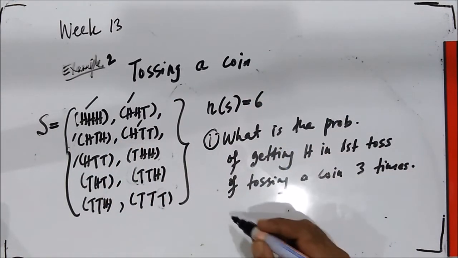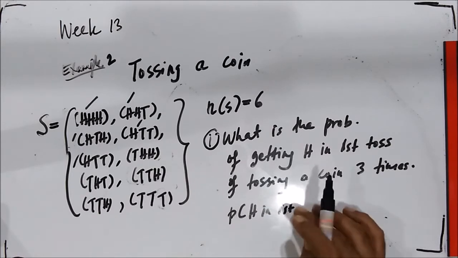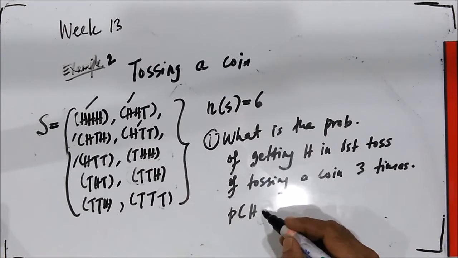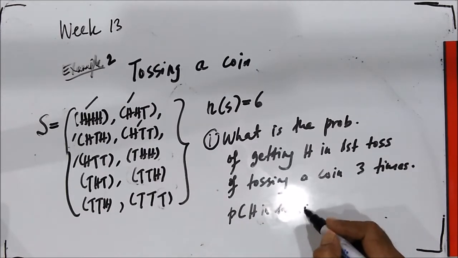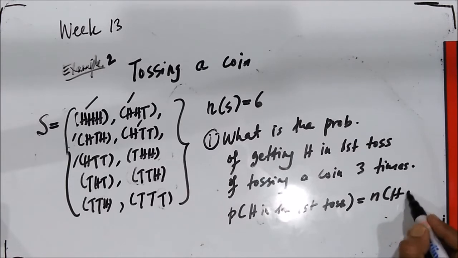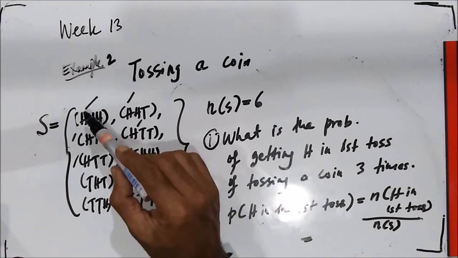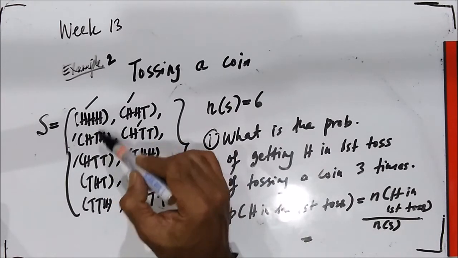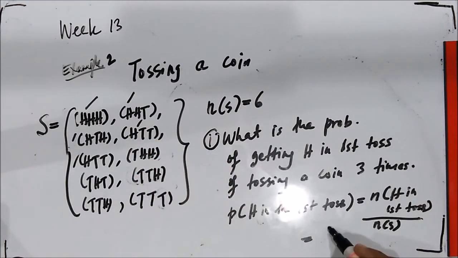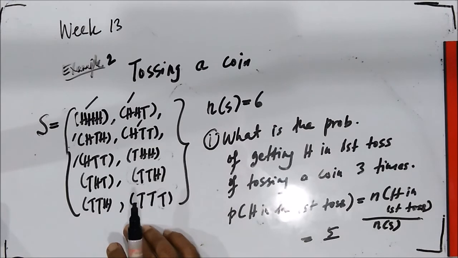So the probability of getting a hit in the first toss equals the number of hits in the first toss divided by the number of possible outcomes. The number of hits in the first toss is 1, 2, 3, 4, and 5, over 2, 4, 6, 8, and 10.